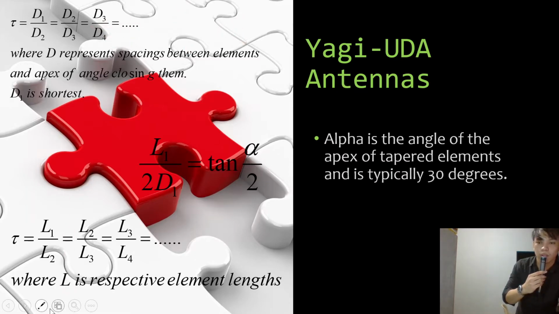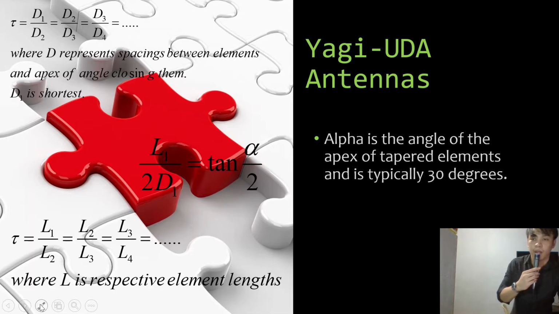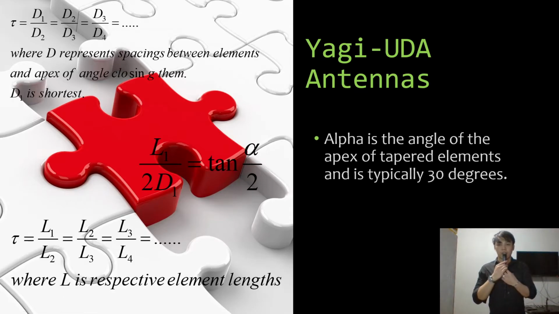So D represents the spacing between elements and the apex of the angle enclosing them. So D1 is the shortest.